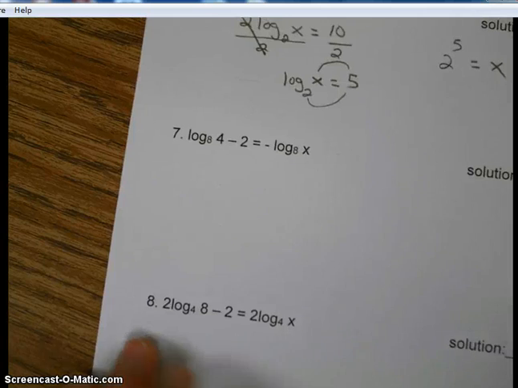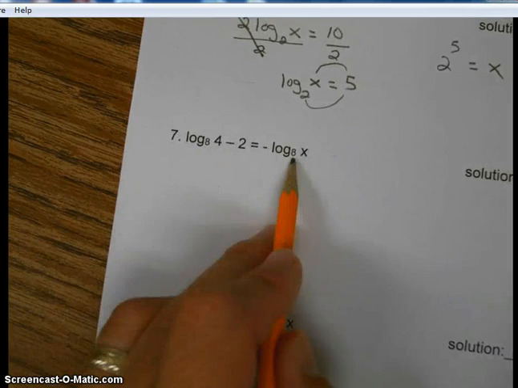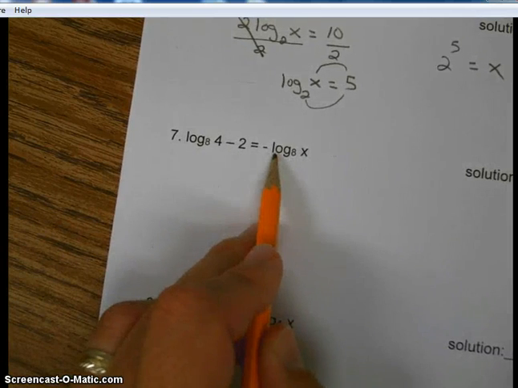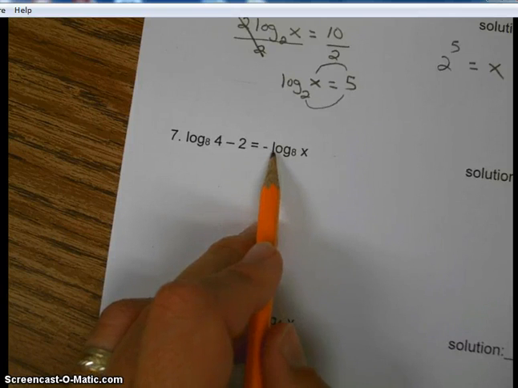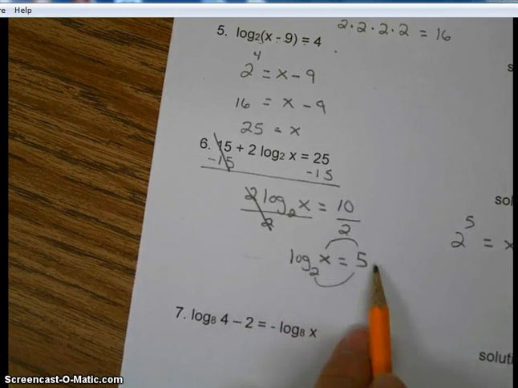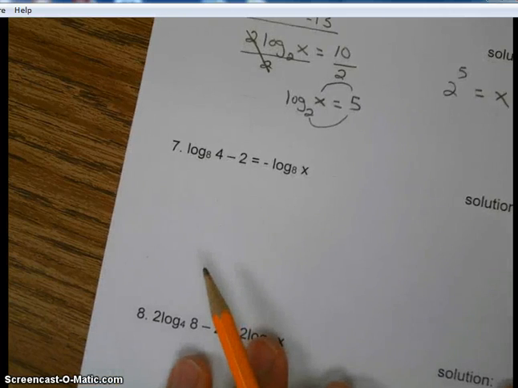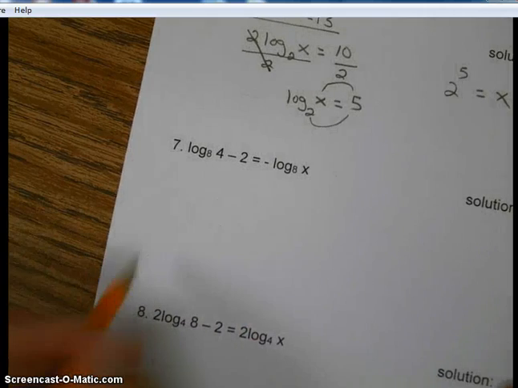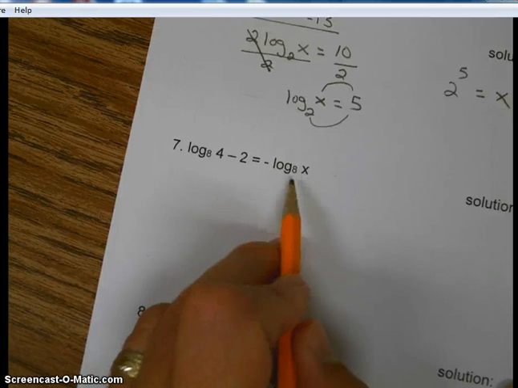Okay, here we go. Notice we have a log on both sides. Well, that's definitely not what we want, right? Because in order to change forms, we need to have the log on the left and then the answer on the right. So we've got a little moving around to do. First thing I'm going to do is cancel out this whole term.